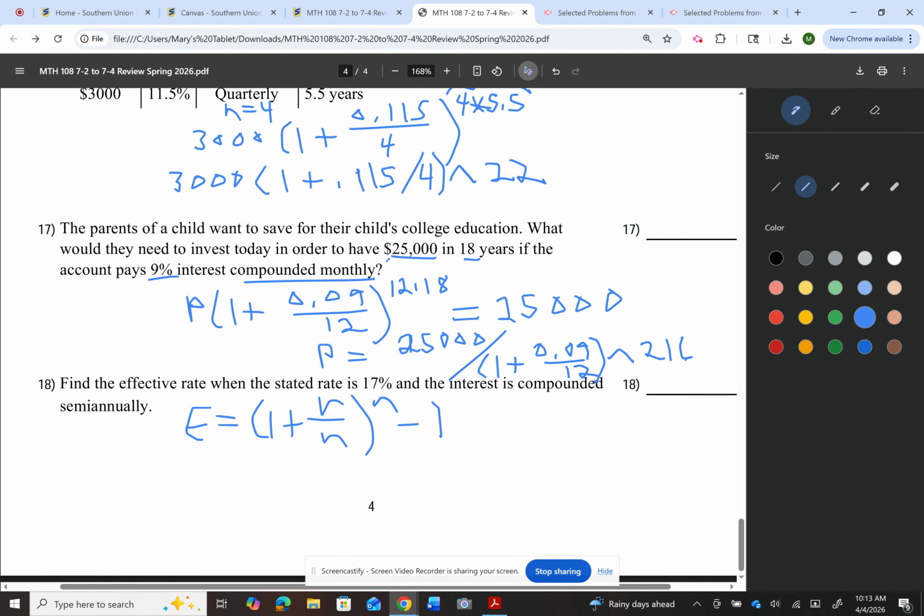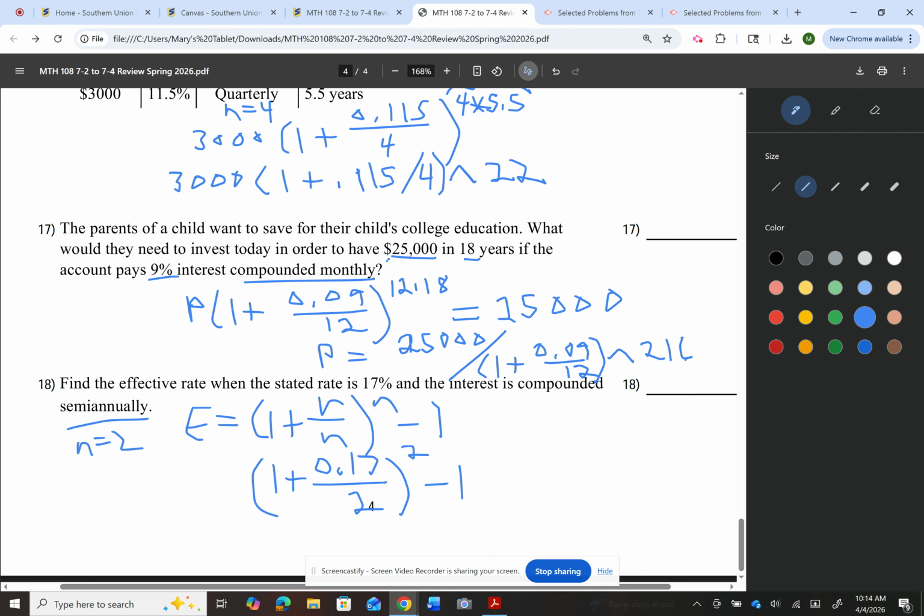You do this really to compare different investments where they have different compounding periods. So we're going to plug in the 17% changed to a decimal, dividing by 2 since compounded semi-annually means n equals 2, raising it to the second power and subtracting 1. So you just work that out, and it'll turn out to be a decimal.